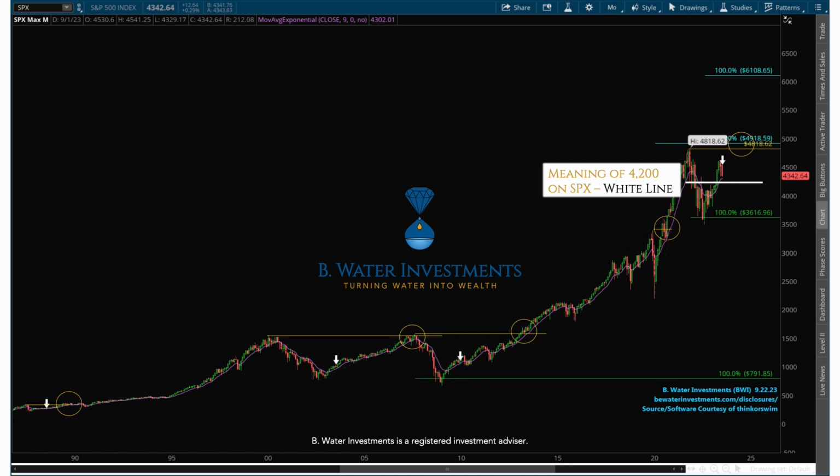So we tested the area above 4,000 into the 4,200 area multiple times. 4,200 was an area that previously held as support. When it broke, it became resistance. And when we go to test it again and the market can't get above 4,200, the white line, we know that is significant resistance. But once we get above former resistance, it now serves as support.